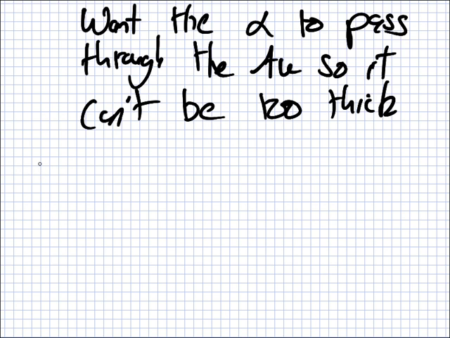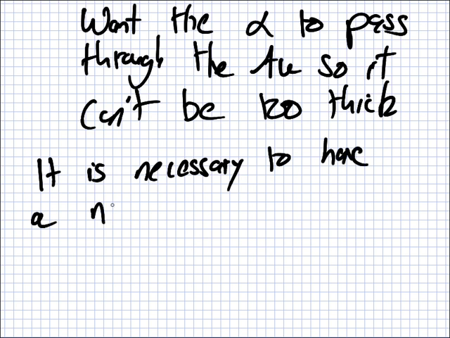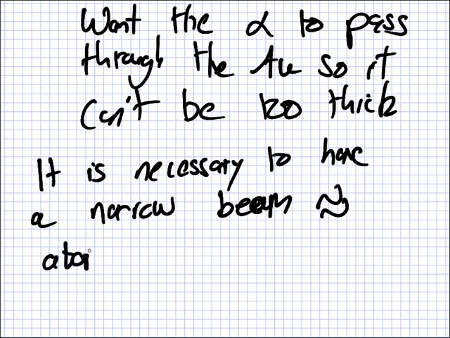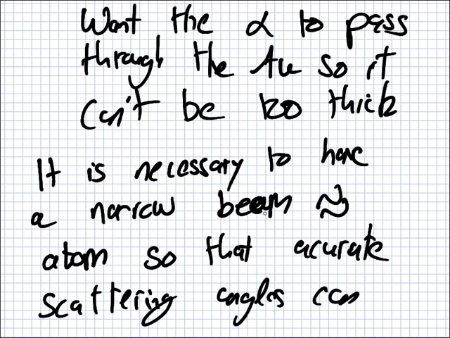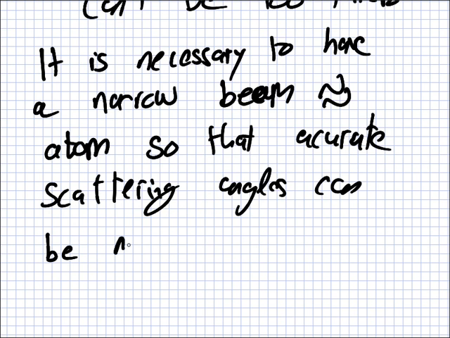I guess what I would say is, it is necessary to have a narrow beam, which should be roughly the size of the atom, so that accurate scattering angles can be measured.